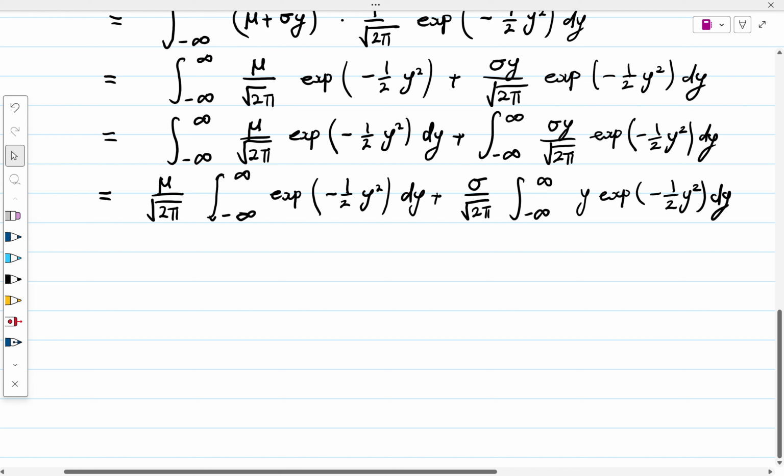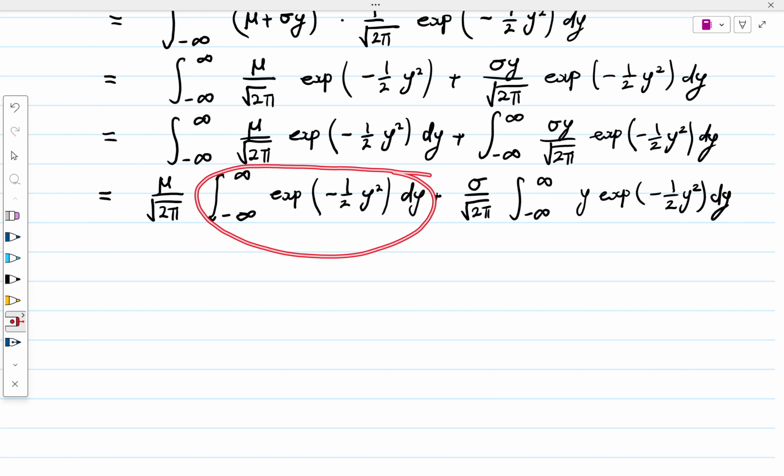So far, so good. Now, the first term in this sequence is in fact a well-known integral.